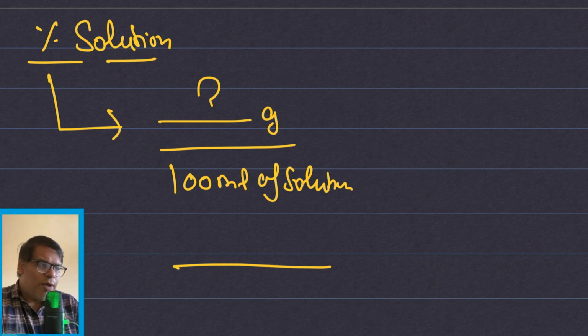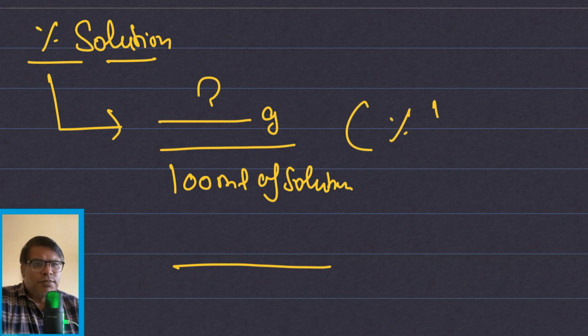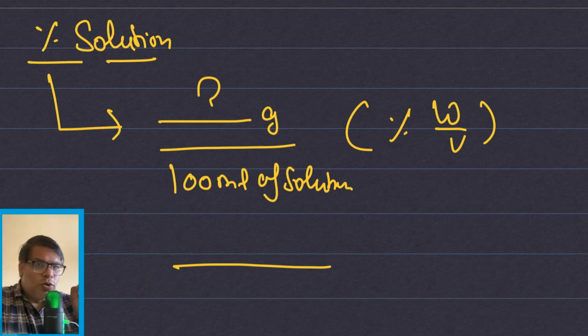You have taken x gram and dissolved it to prepare 100 ml of solution. In this case, your solute is solid and your solvent is liquid, so what you have prepared is a percent weight by volume solution.